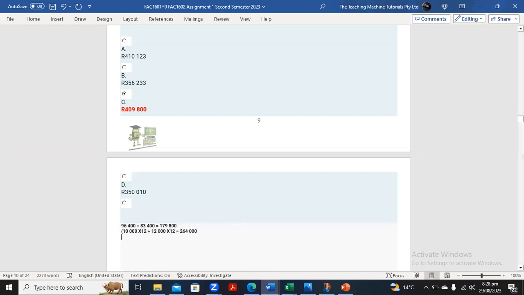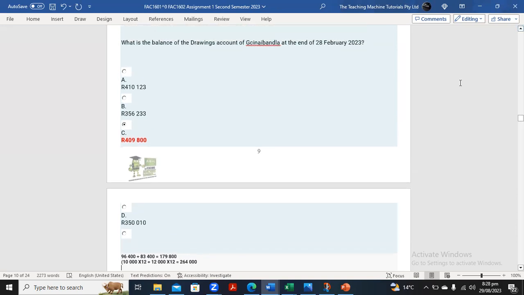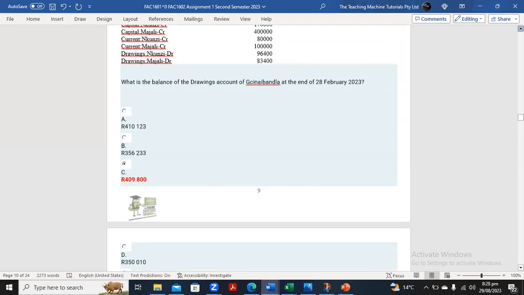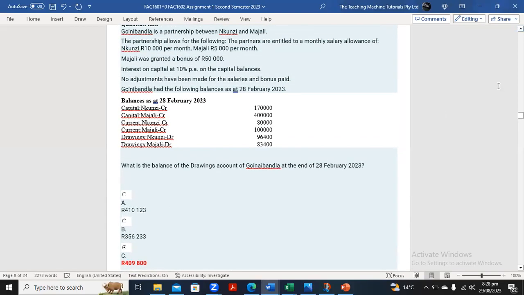Okay. And then I noticed that if I add the two, I won't get any amount from the options. Then I decided to add the bonus, of which I don't believe bonus should be part of drawings. Bonus of 50,000.